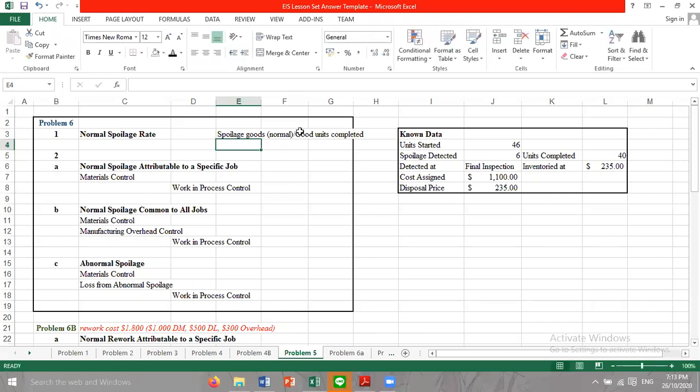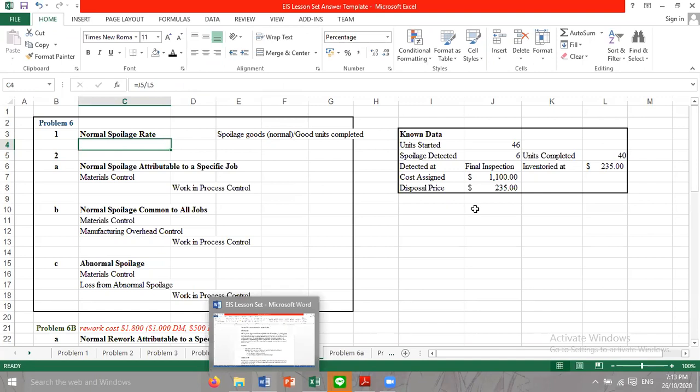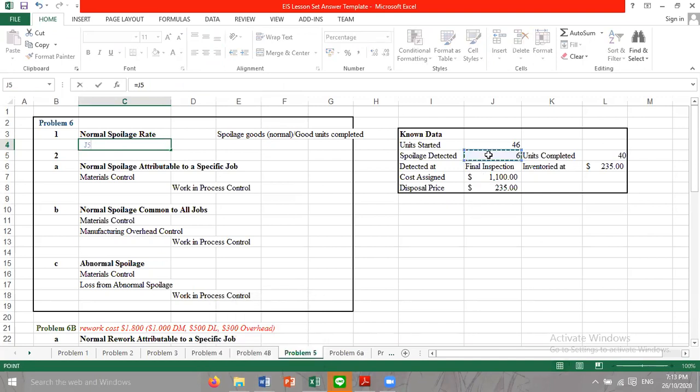Okay, so in this question, we already have the amount of spoilage goods that we consider normal. That's 6, right? So this equals 6 divided by, and we already know that the good units completed is 40. Out of the 46, only 40 is completed and still good, right? So we just divide that, and we'll get the answer 15%. So the answer for number 1 is 15%, simply like that.